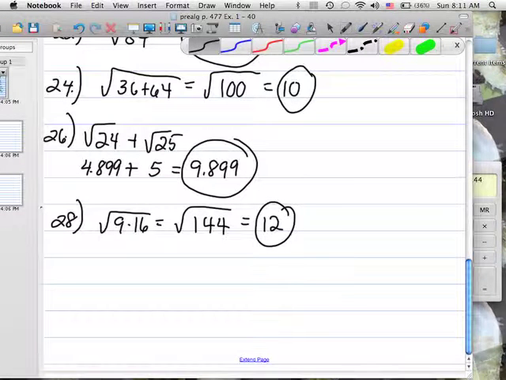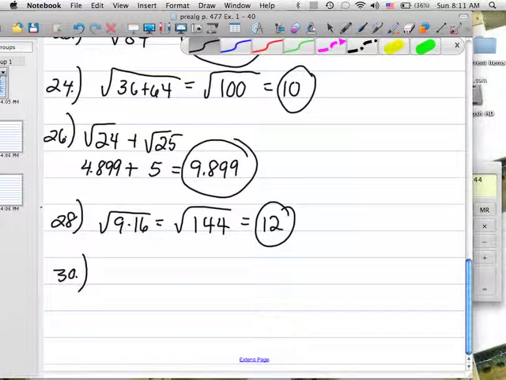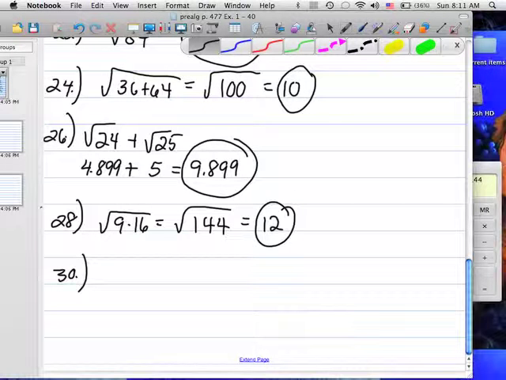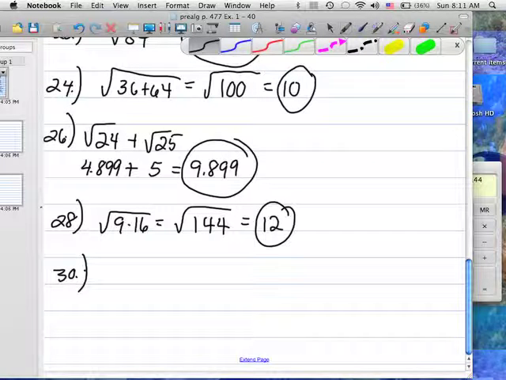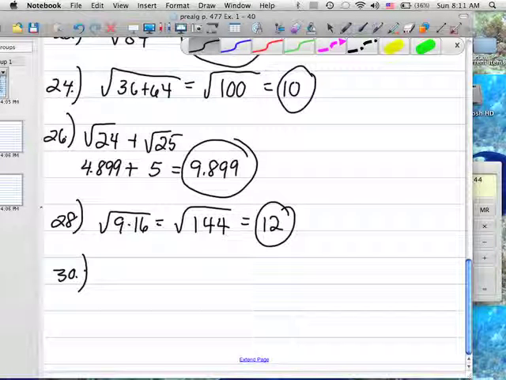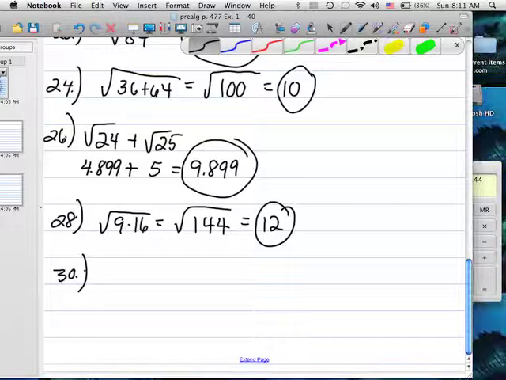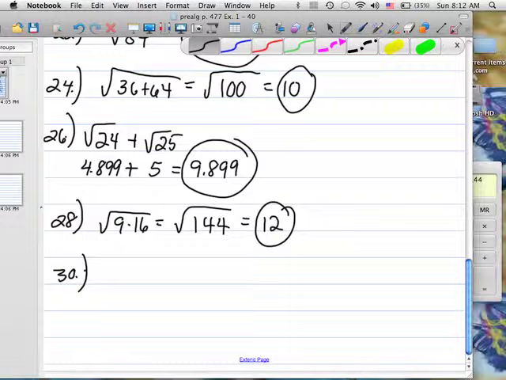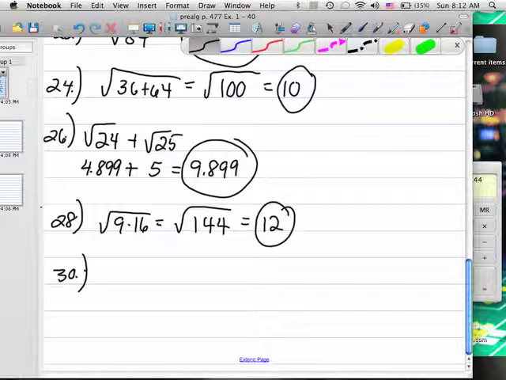Problem number 30. Using the table of squares and square roots on 480, find a number between 5,000 and 5,100 that's a perfect square. Okay, you're looking at your table on page 480. Turn there now. Go down the list of squares until you see a perfect square that's between 5,000 and 5,100.